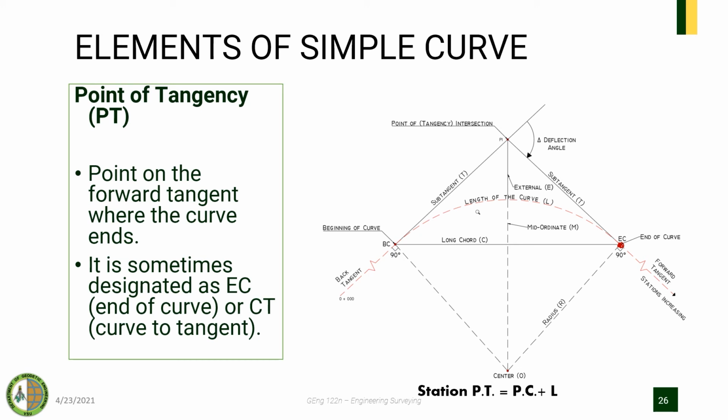It can be determined by this formula: the stationing of PT is station PC plus the length of the curve. That's how you determine the stationing of this point, not from PI to PT. It must be along the curve.